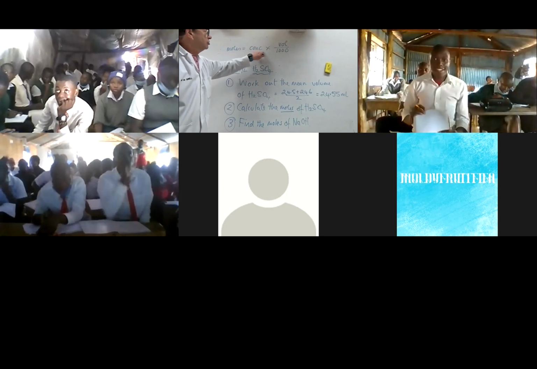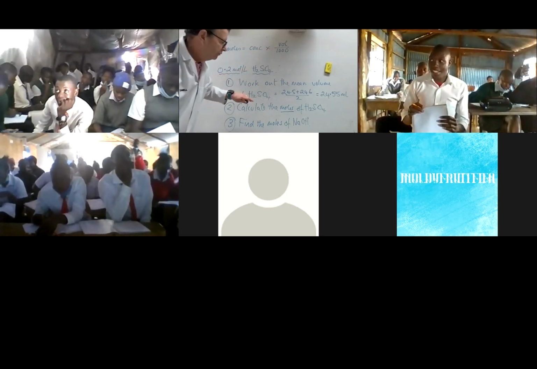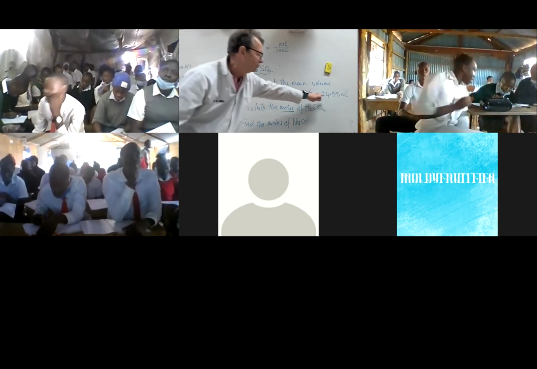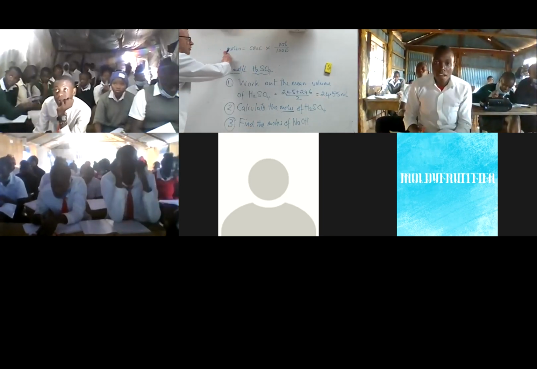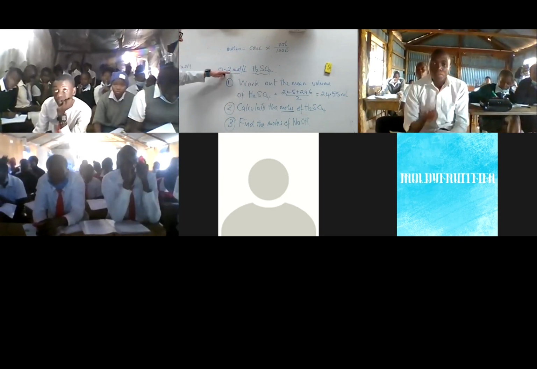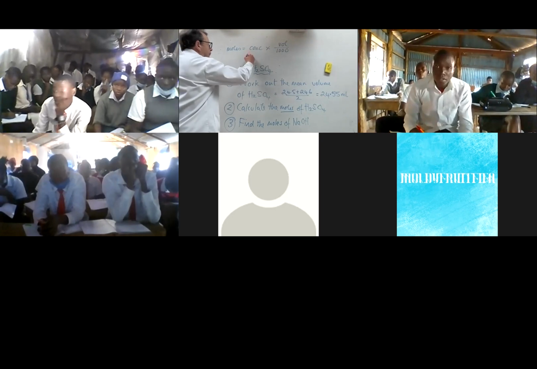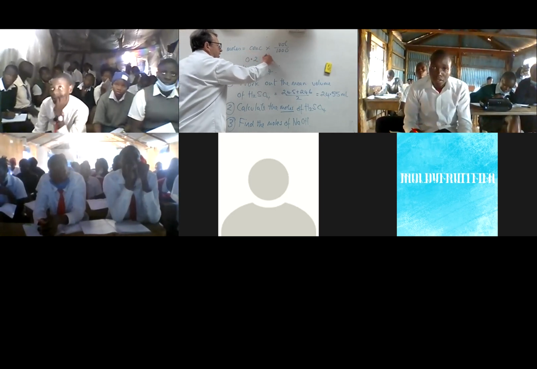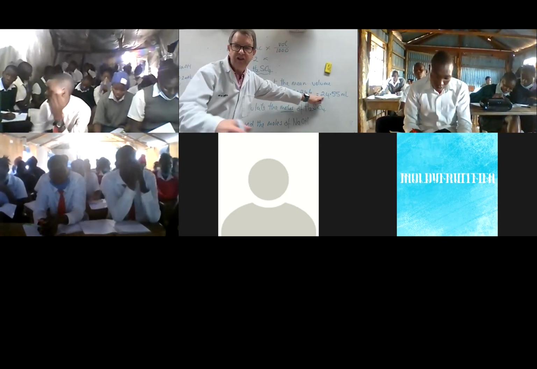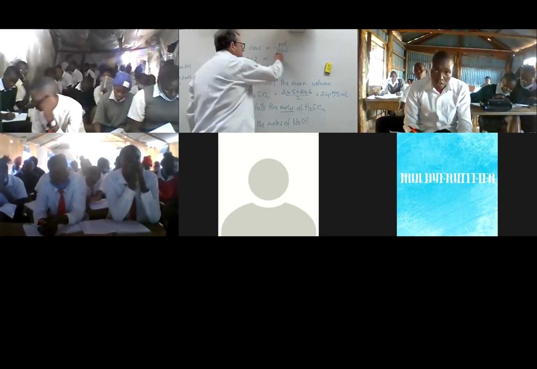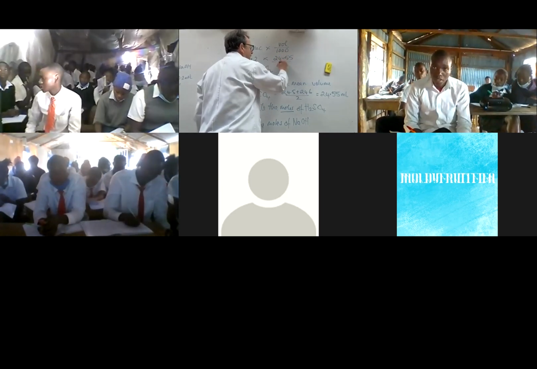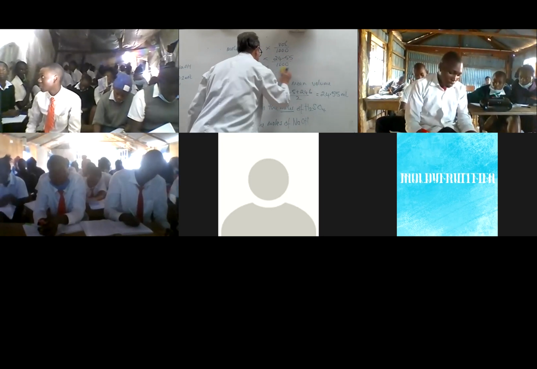So the moles is concentration times this, but it's not the 25, it's the 24.5. So moles equals concentration times volume. Well, this is the concentration times the volume is this one here. It's the one we just worked out. 24.55 divided by 1,000.